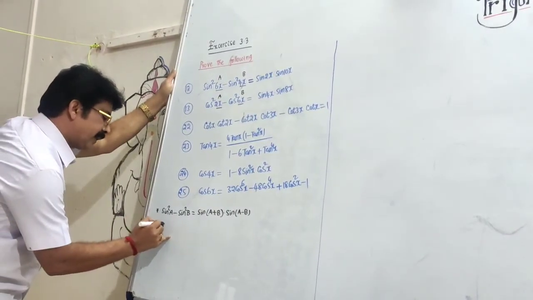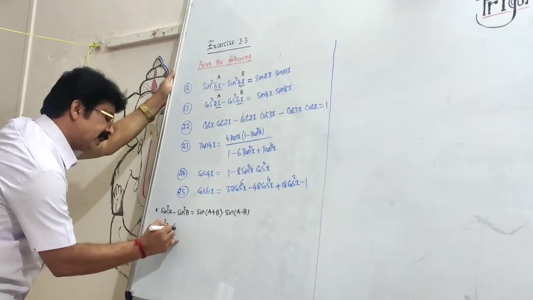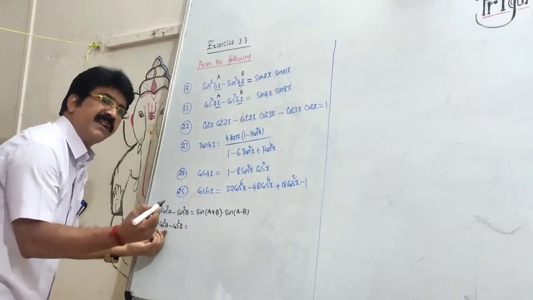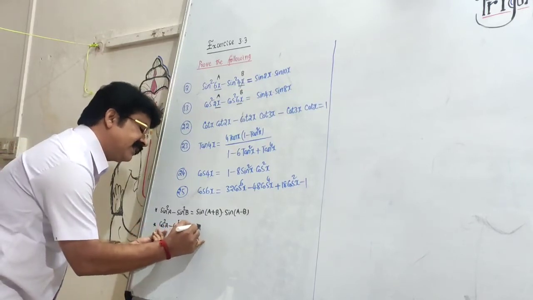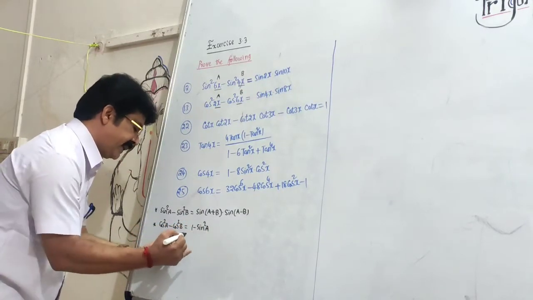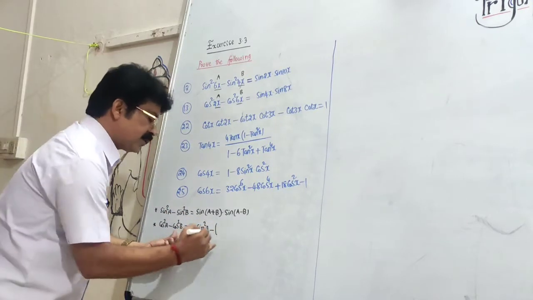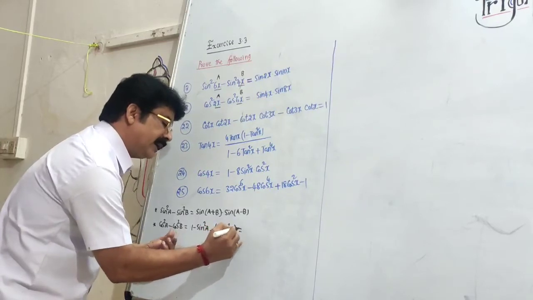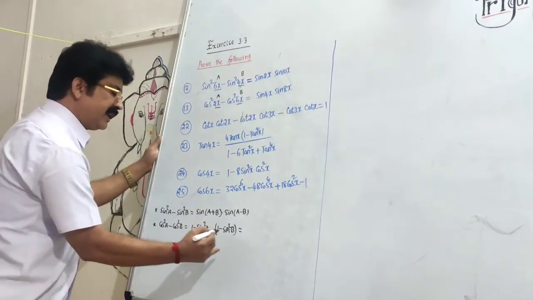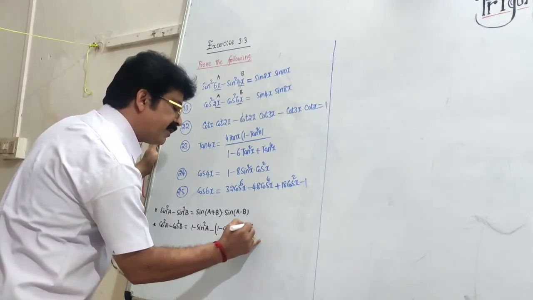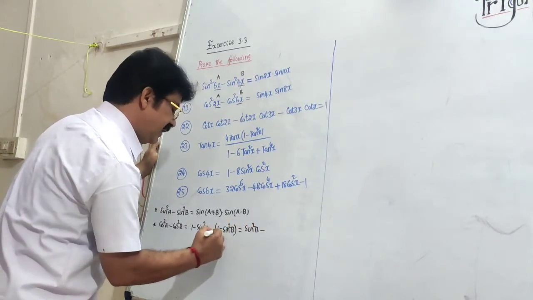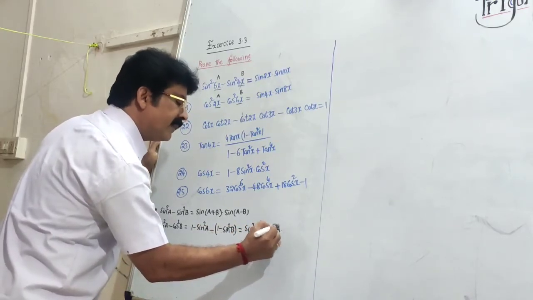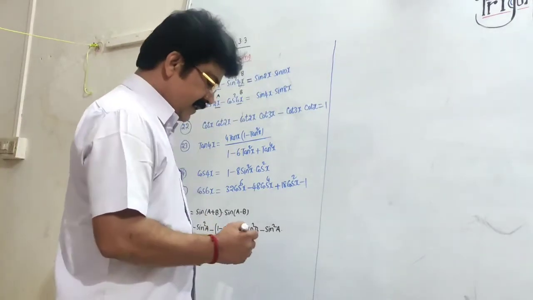First, we have to express cos square in terms of sin square. So it is 1 minus sin square A minus, bracket begin, cos square B means 1 minus sin square B. On opening, minus 1 plus 1 cancel. On simplification, we get sin square B minus sin square A. So these are the formulae.